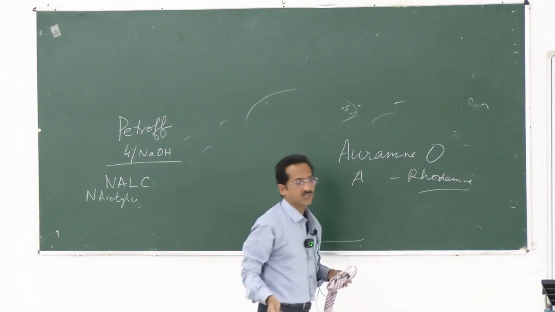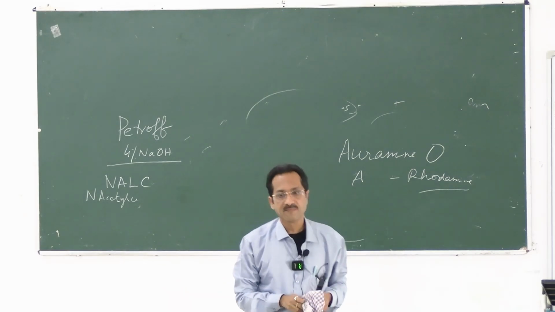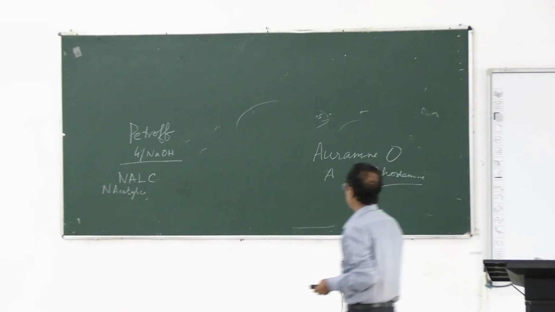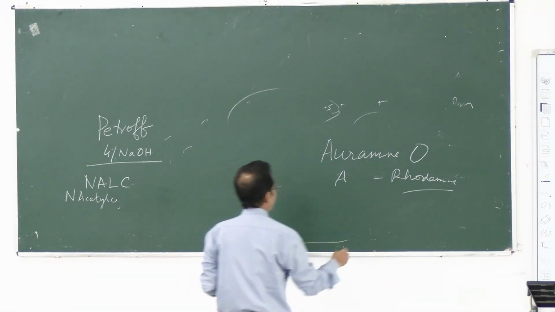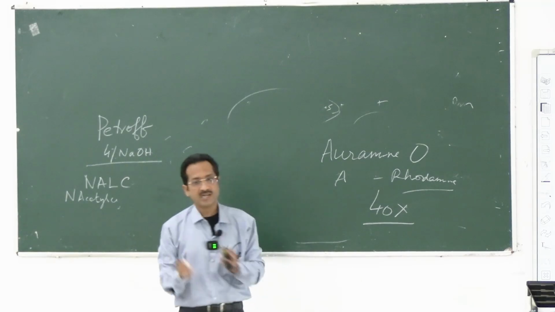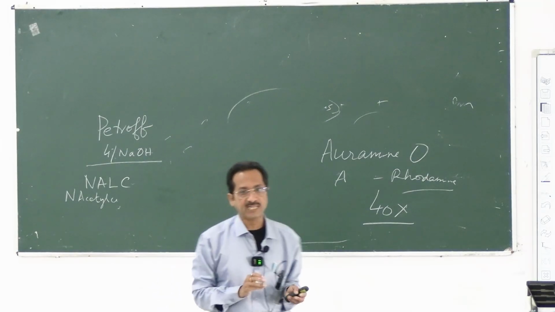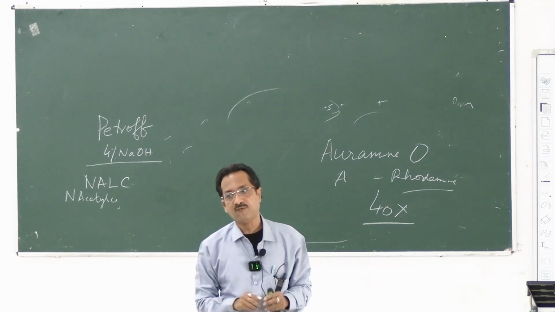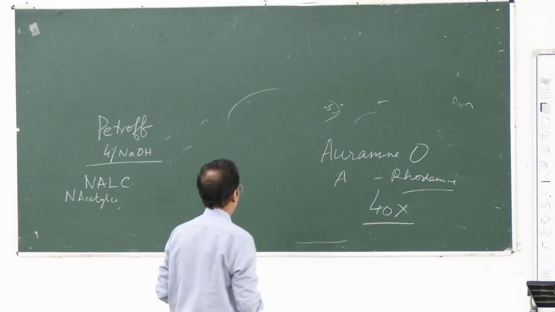What is the advantage of fluorescence staining? You can scan the whole smear very quickly because it is seen in 40x, not in 100x. Oil immersion is seen in 100x, but with a fluorescence microscope the whole slide is scanned at 40x magnification.